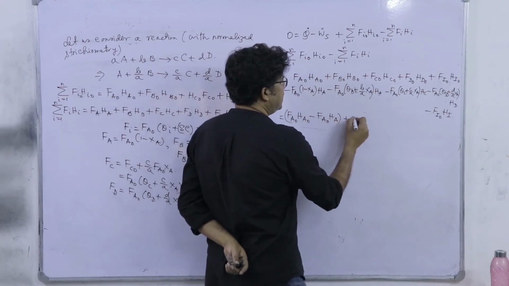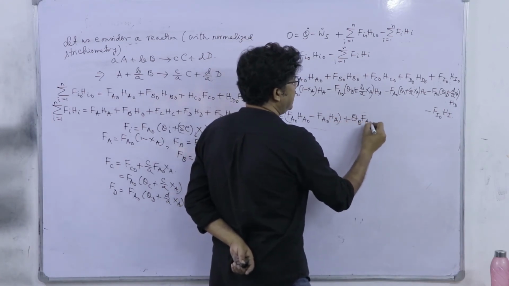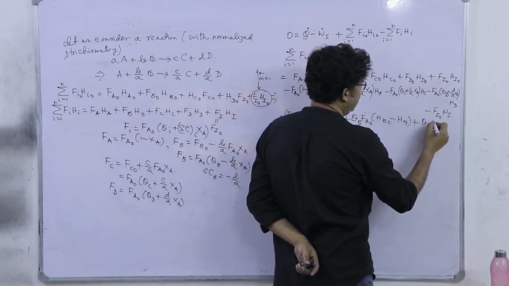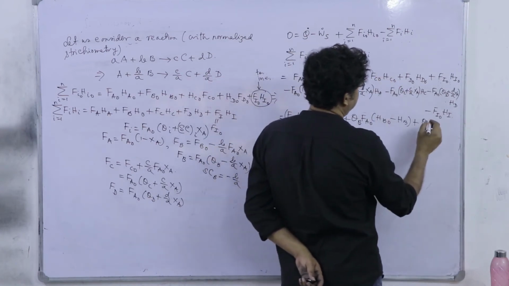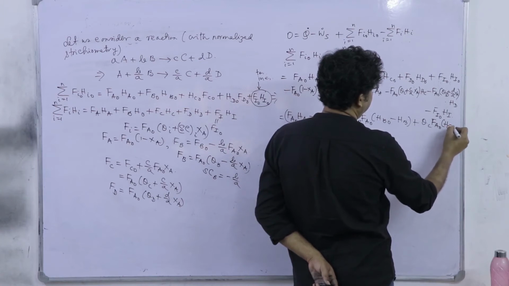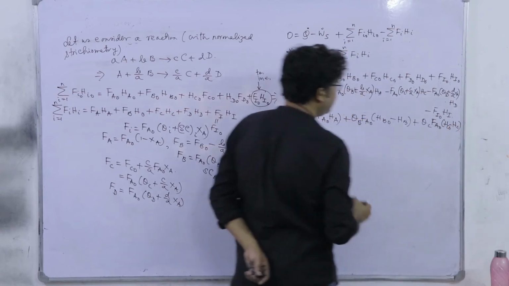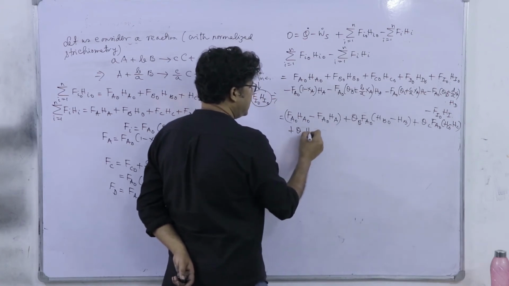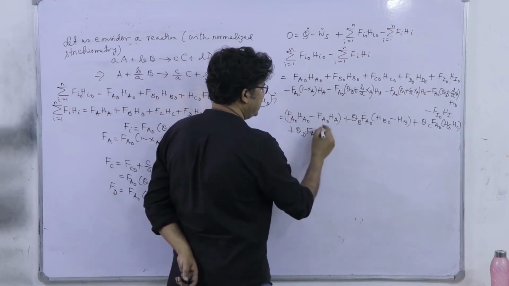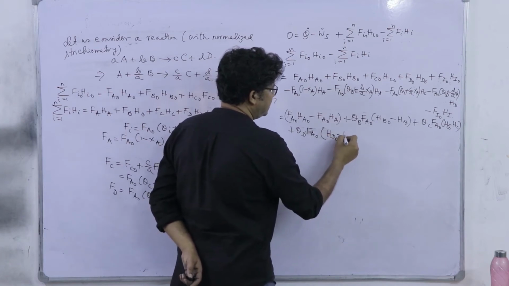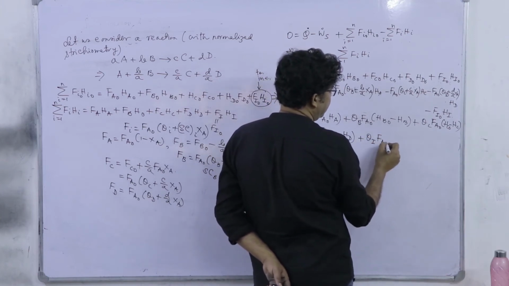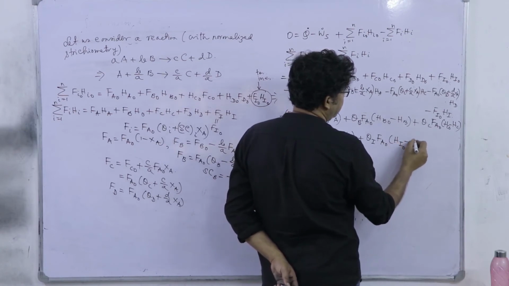Similarly, theta b into Fa naught into (Hb naught minus Hb), plus theta c into Fa naught (Hc naught minus Hc), plus theta d into Fa naught within bracket (Hd naught minus Hd), plus theta I into Fa naught (Hi naught minus Hi).